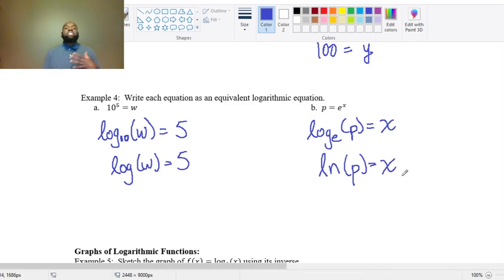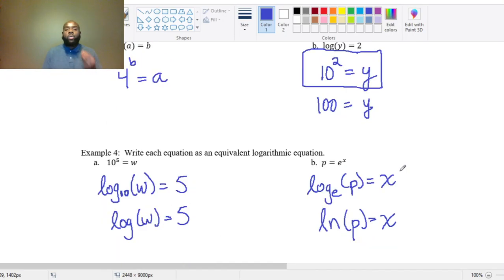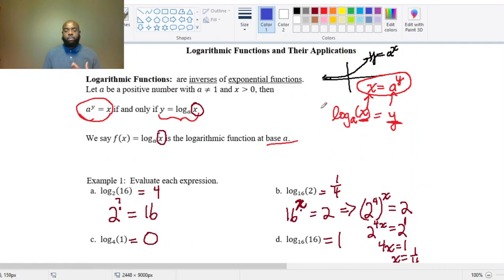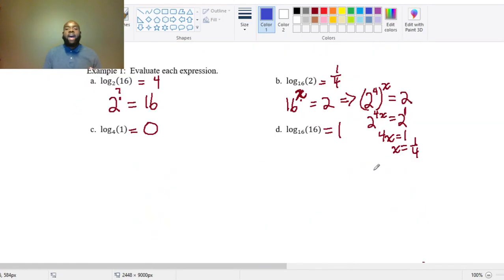All right, so all of this is basically doing the same thing, right? Knowing the relationship that a logarithm and an exponential function are inverses of each other, and the logarithm is created partially so that we'll have a solution to finding the inverse of your exponential expressions. Let's talk about the graph, right?